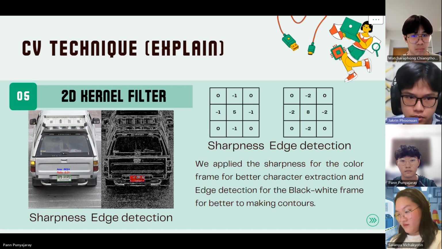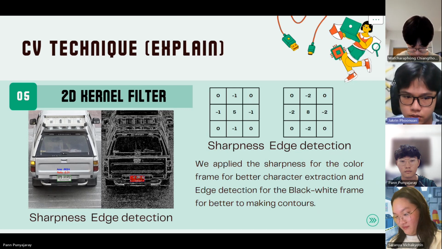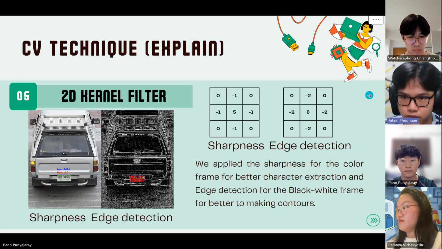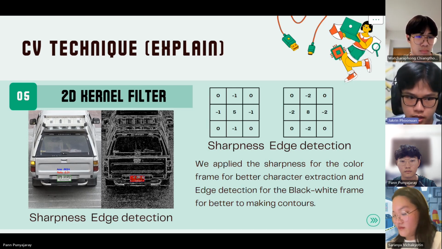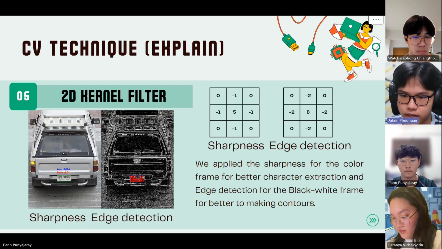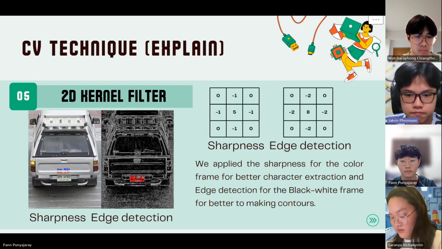I have to use edge detection to change it first before using the ratio, to make it more efficient to use with the contour. And after I detect the license plate, the output should be the real color one, so I use the sharpen kernel to make it better to identify in the next process. Next.